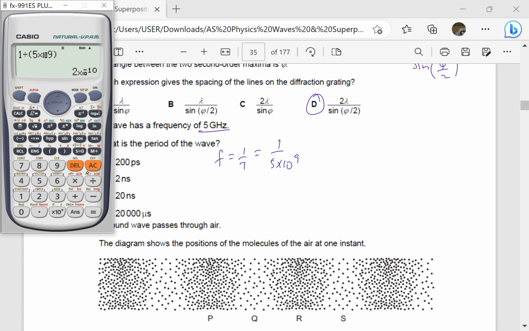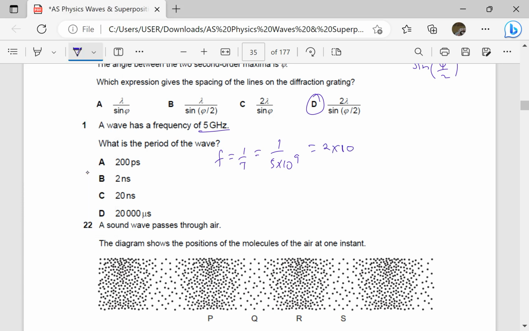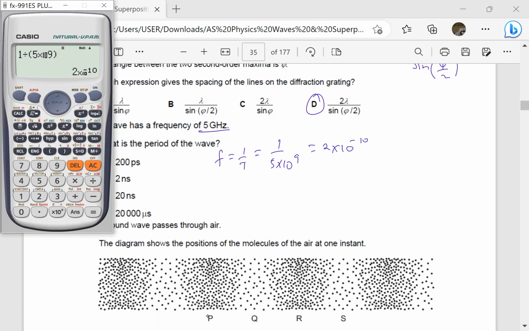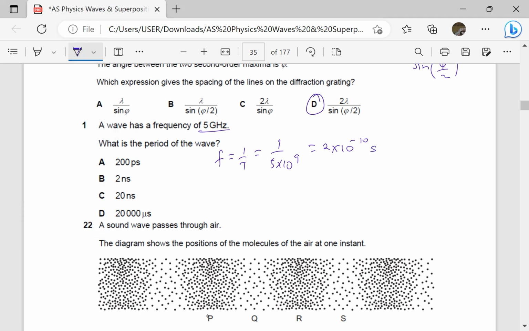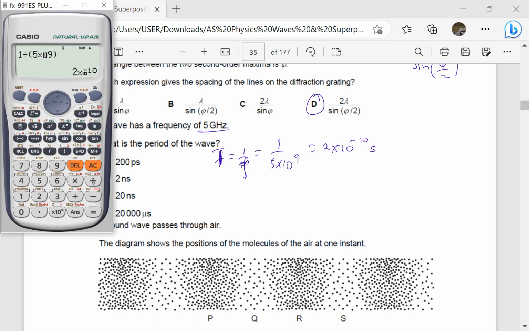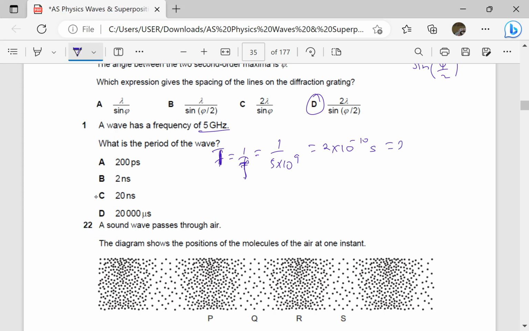So the period is 2 times 10 power negative 10 seconds. Yes, period is equal to 1 over frequency. Then we check what this will be in picoseconds: dividing by 10 power negative 12 for pico, that is 200 picoseconds. So the answer is A.